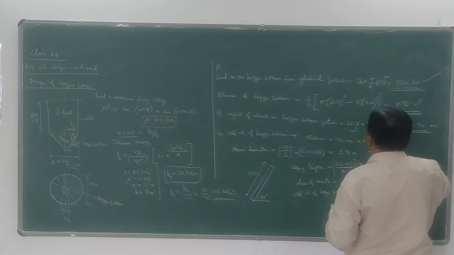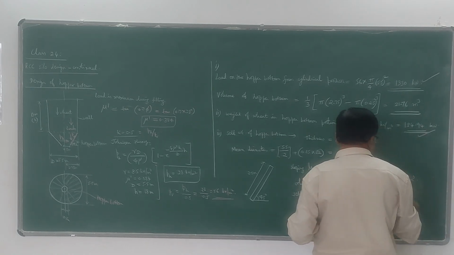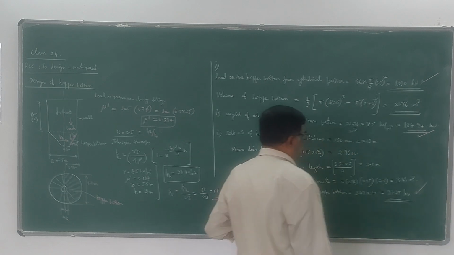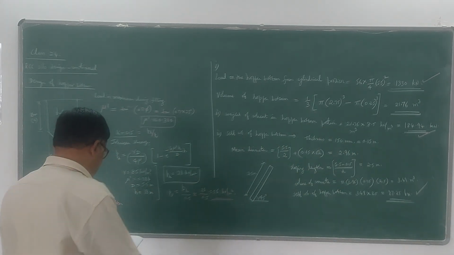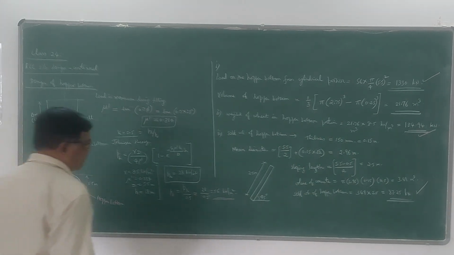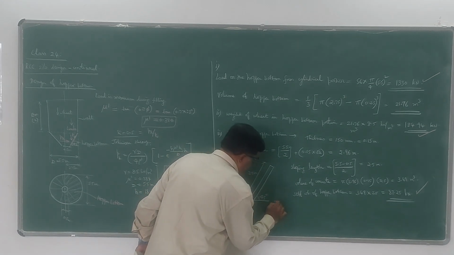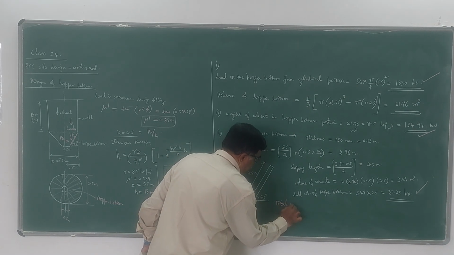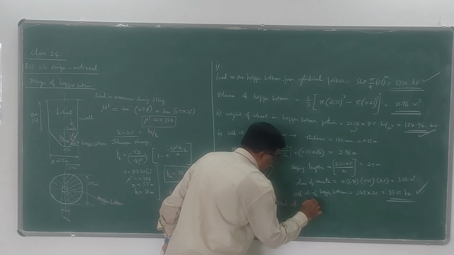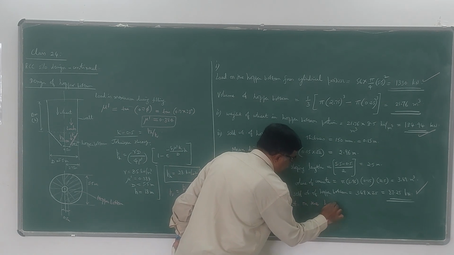The second one is the weight of wheat in the upper bottom portion. The third one is the self weight of the upper bottom. If you add all these three, you get the total load on the upper bottom.